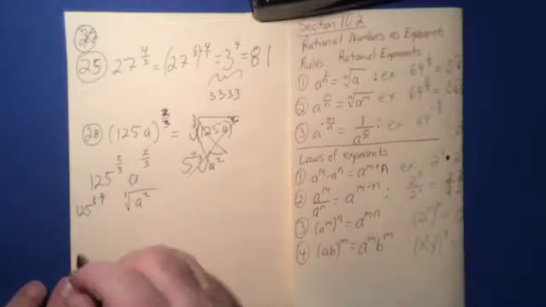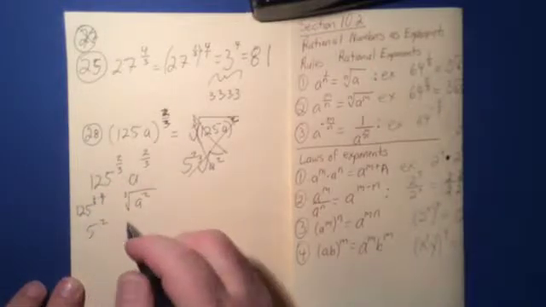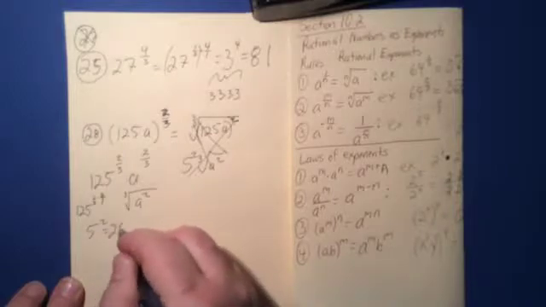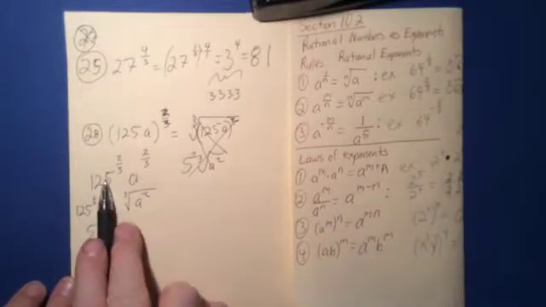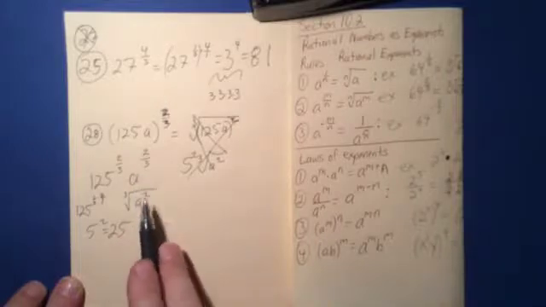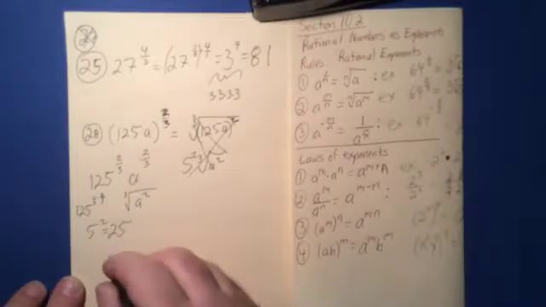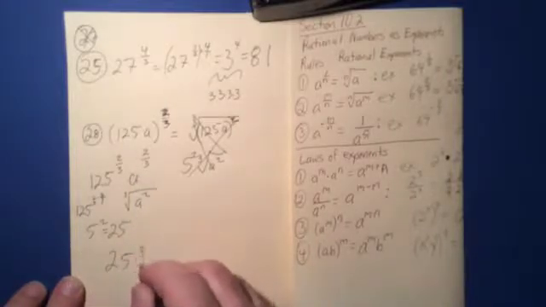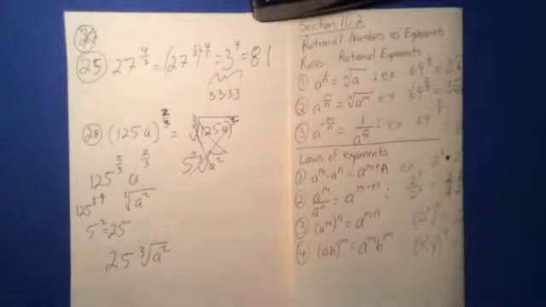So the cube root of 125 is equal to 5, and then 5 squared is equal to 25. So the best I can do with this one is write it as 25 times the cube root of a squared. Not exactly the neatest presentation, but it is a tricky question, so be prepared for this one.